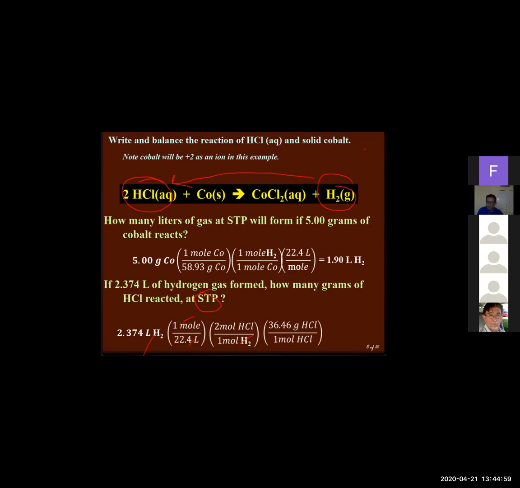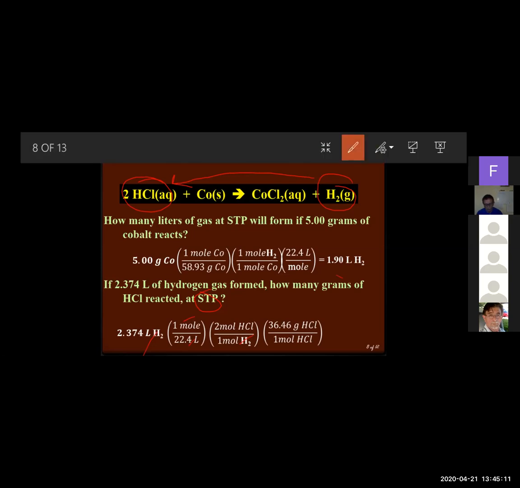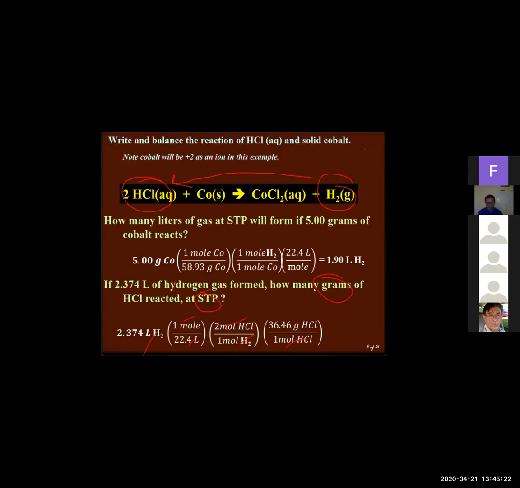If the question asks for how many liters of hydrochloric acid reacted, we can use the 22.4 relationship. But the question asks for how many grams, so I need the molar mass. Looking at my units, I end up with grams of hydrochloric acid, and that represents 7.2 grams of hydrochloric acid.